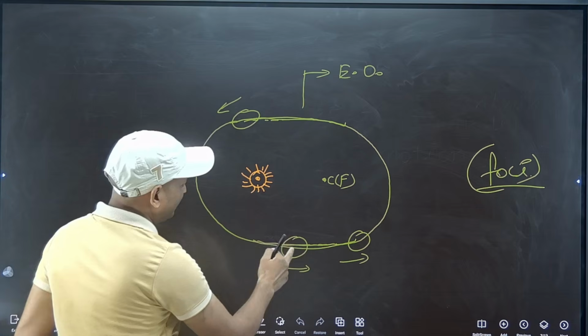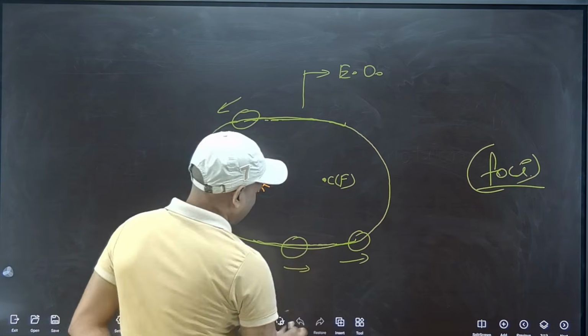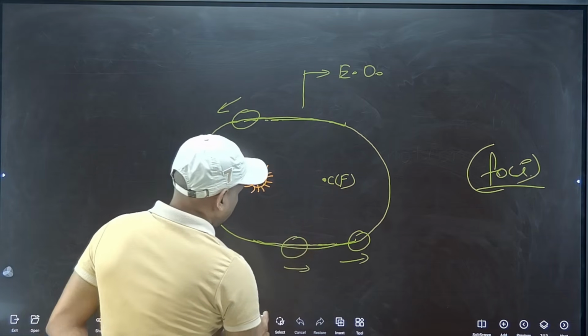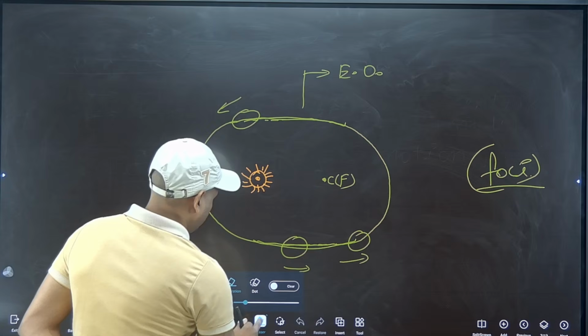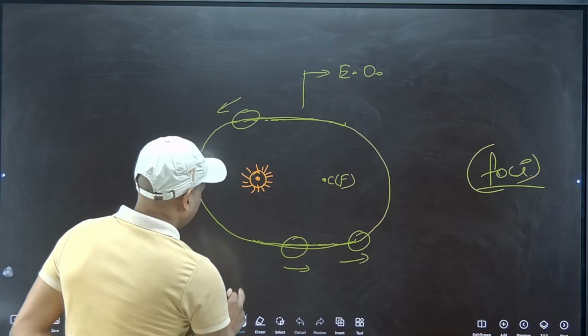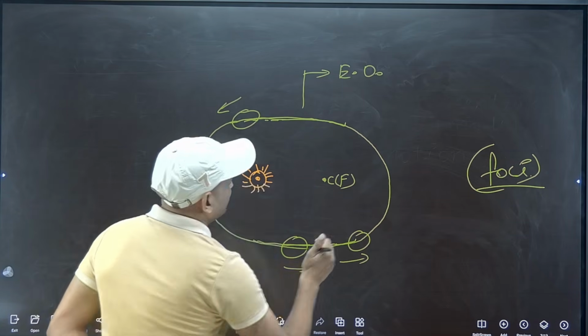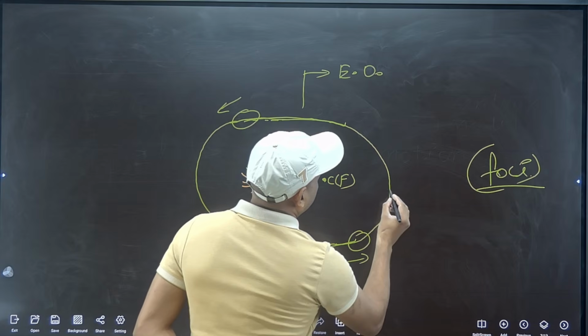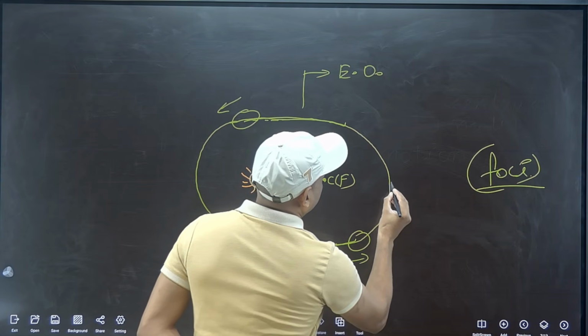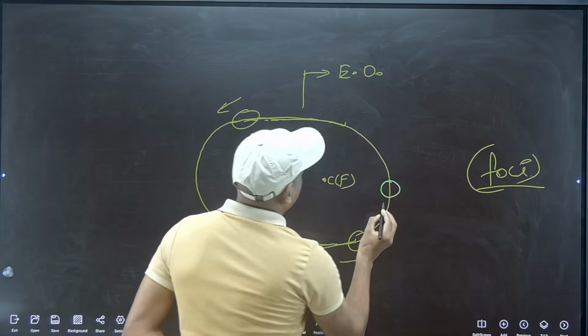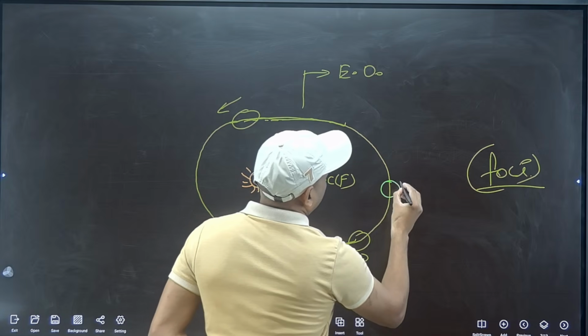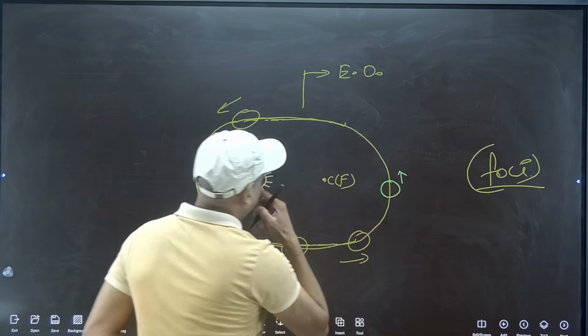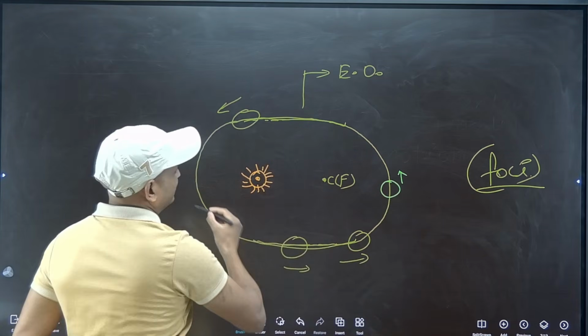For example, this is a planet which is revolving around the sun, orbiting in the elliptical orbit.